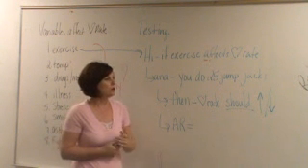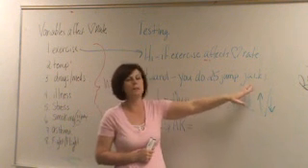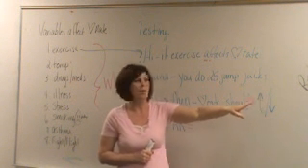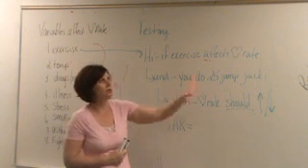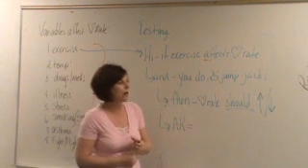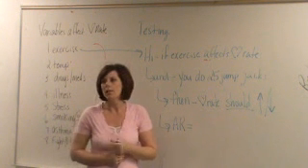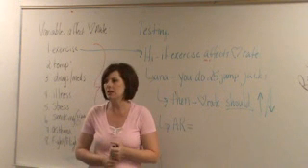You're going to record your results on this data table over here. The key we're going to use, I have it written on the board: N equals no change, I equals that the heart rate increased, and D, the heart rate decreased.